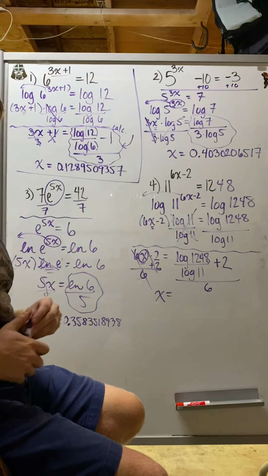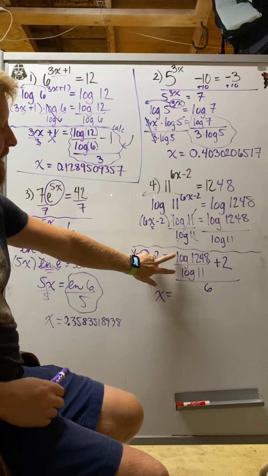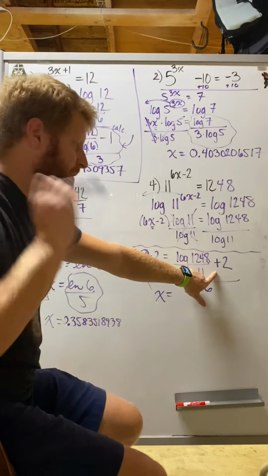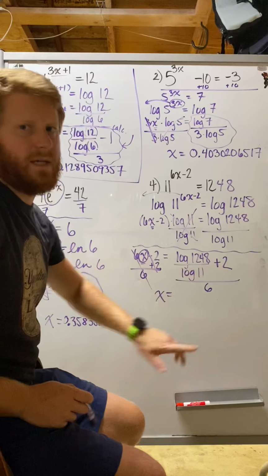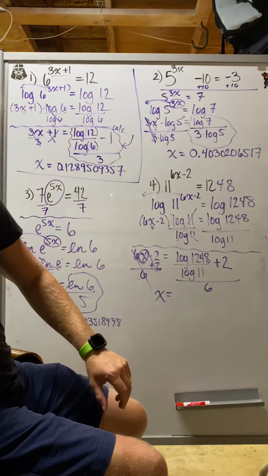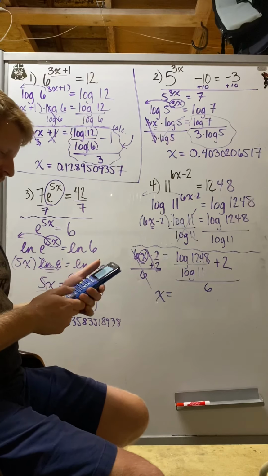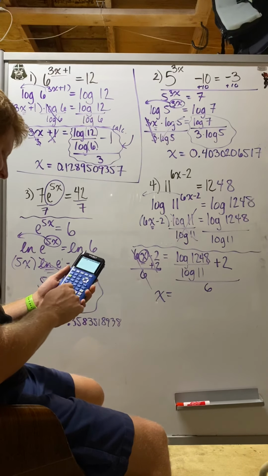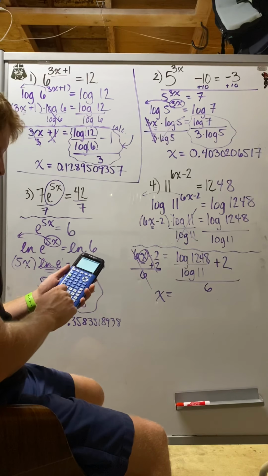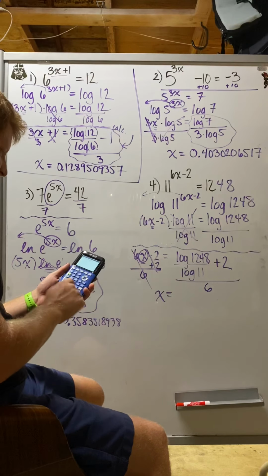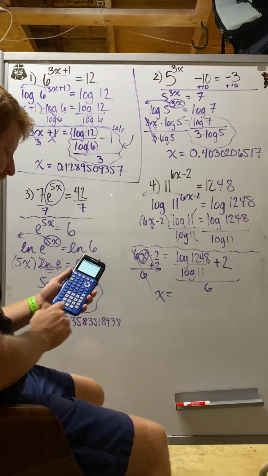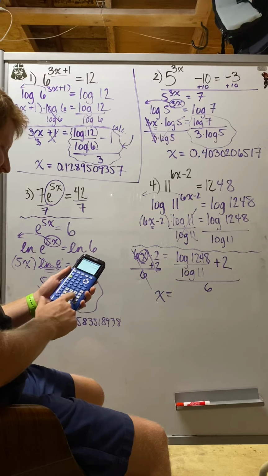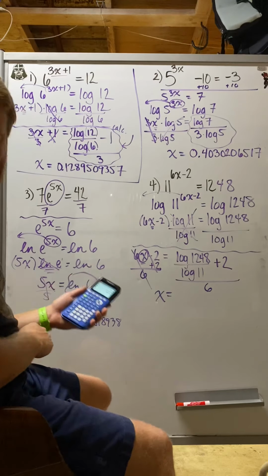Well, now I have to plug everything in. My suggestion, do your log division first, then add 2, push enter, then divide by 6. That's going to get you the numbers that you want. So let's see, what do I got here? I got log of 1248, because I'm being crazy, divided by log 11 plus 2 equals, I'm still going to get a small number, divided by 6.